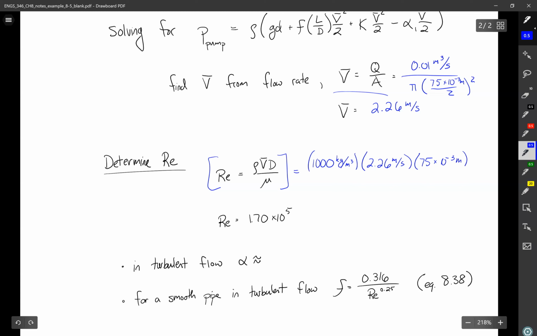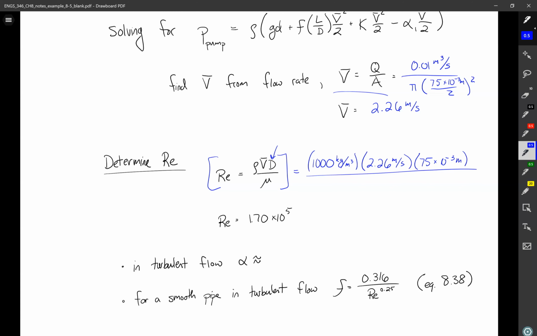Remember, for Reynolds number, the D here, the pipe diameter, is the characteristic length of the problem, which is the most important length in the flow system. There's not really a hard and fast rule, but typically if you're flowing over something, it's the size of that object. If you're flowing inside of something, it's the size of the opening, so the diameter of the pipe.